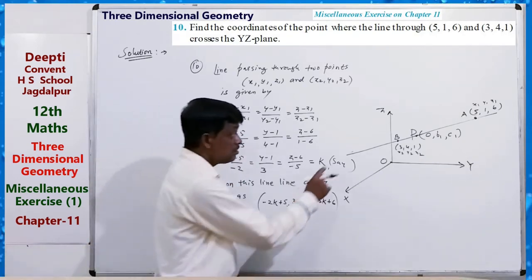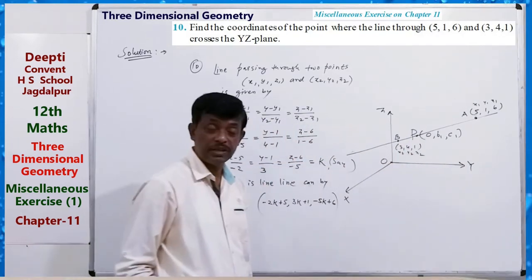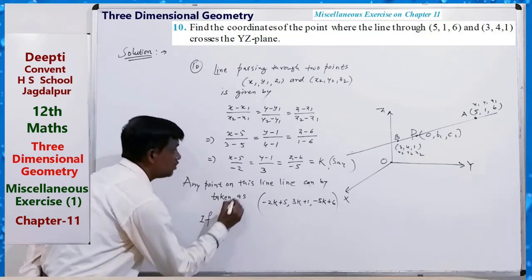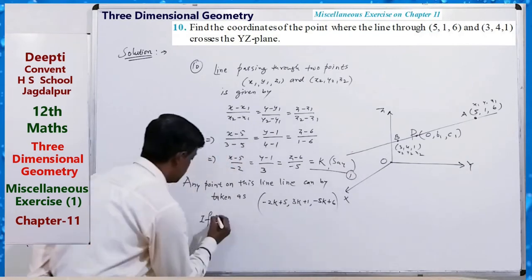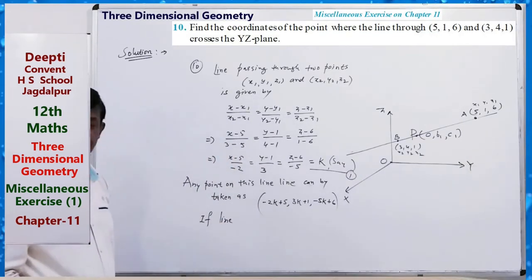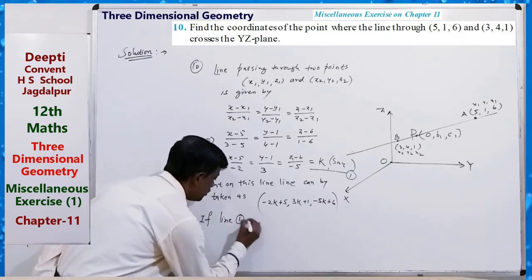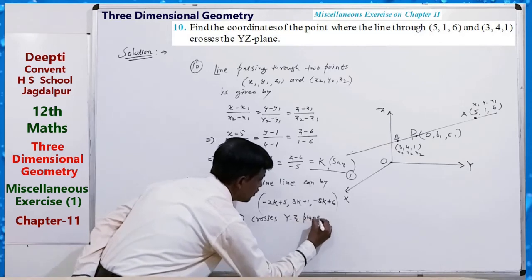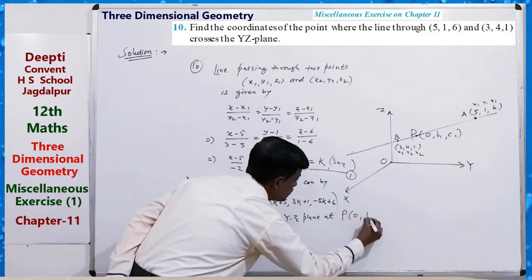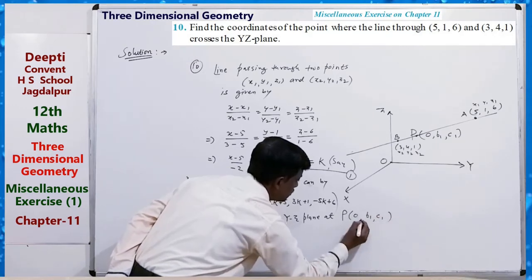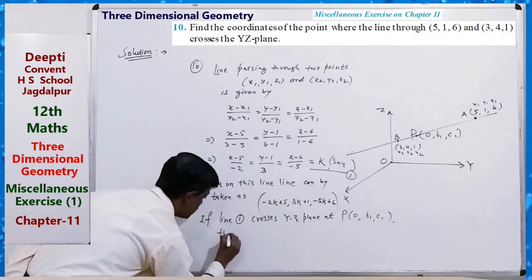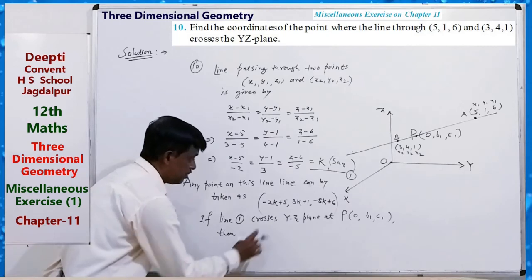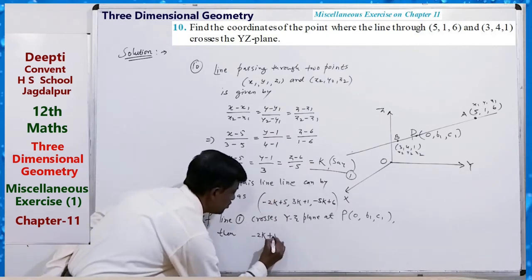Now, the line crosses the YZ plane at P. So if the line crosses the YZ plane at P(0, b1, c1), then because P has x coordinate 0, minus 2k plus 5 equals 0.